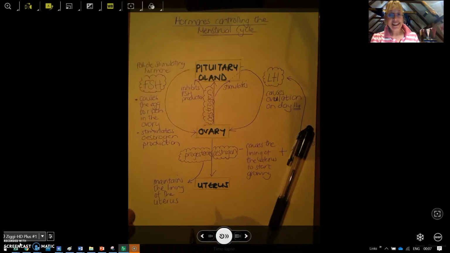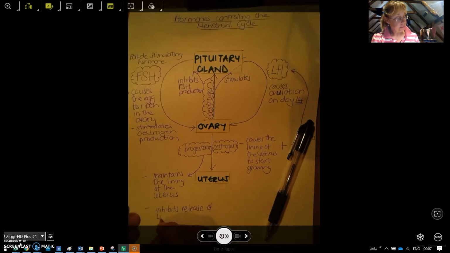And again, it inhibits, or stops, the release of LH and FSH.